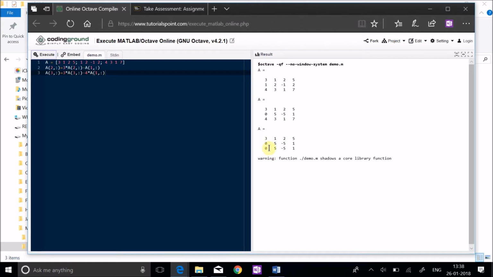Now, in the second row, the first non-zero entry is 5. So we have to make every element below that 0. What do you have below that? There is this 5, so we have to make this 5 a 0. Now this is pretty simple. Select the third row, 3 comma equals, minus the second row, because we have the same numbers here.